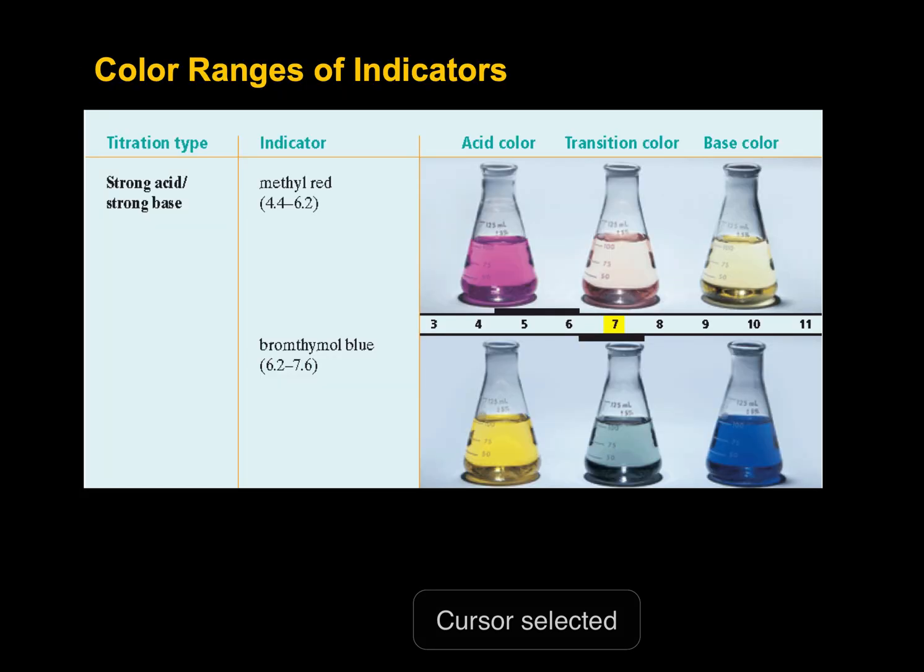So these next few slides are just some color ranges of indicators. If we have a titration type, strong acid, strong base, and our indicators are methyl red or bromothymol blue, it shows us the color the indicator will turn at a designated pH.